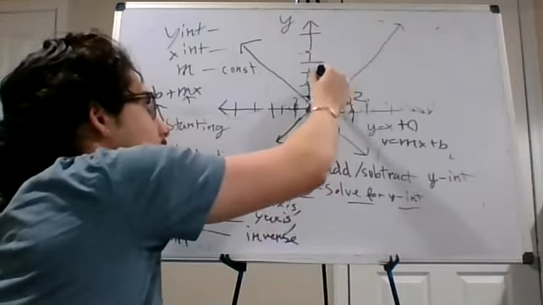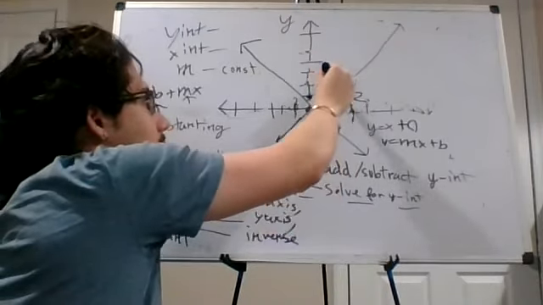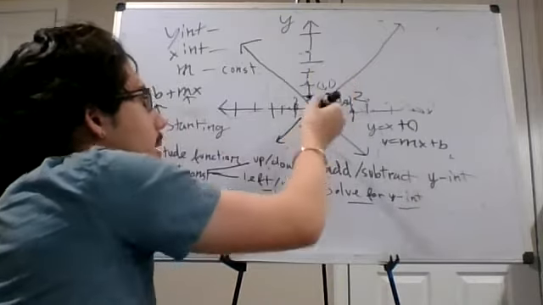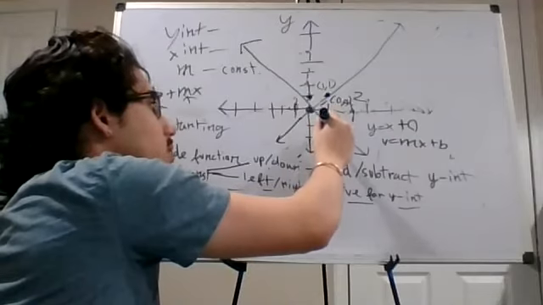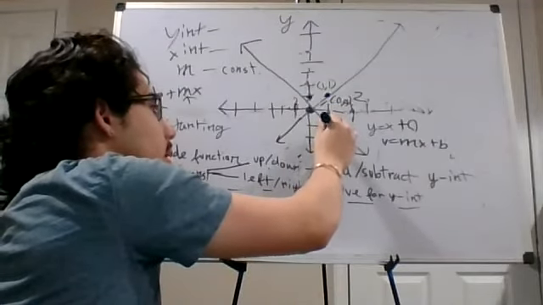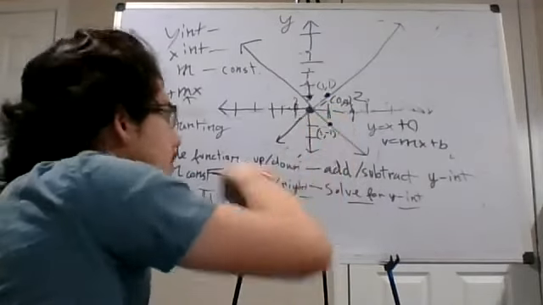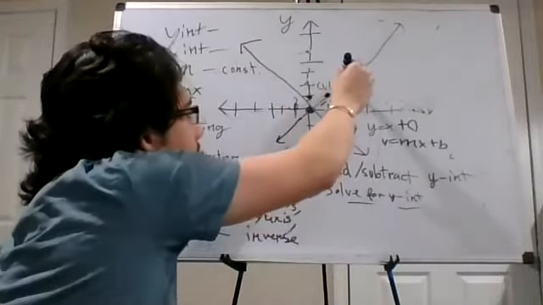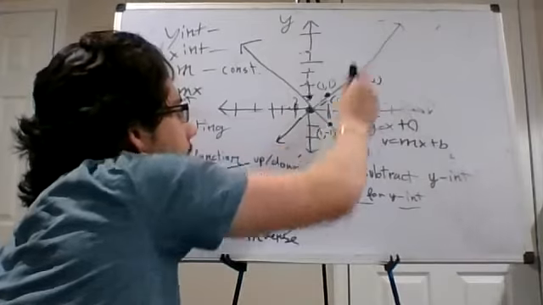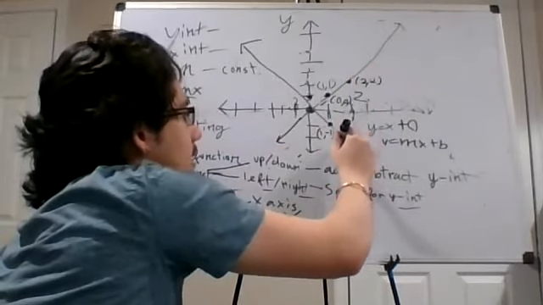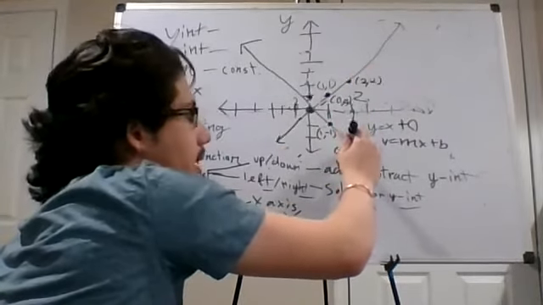Originally at x equals 1, y equaled 1. But now, because we flipped it over, we can see that when x equals 1, y equals -1. We can just observe this. And at x equals 2, y equaled 2. At x equals 2, y will now equal -2.